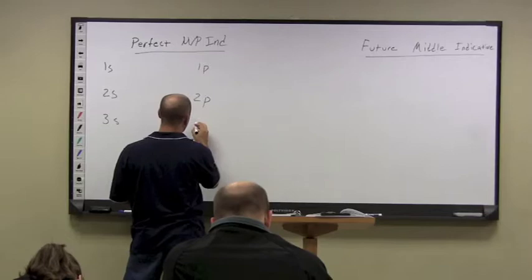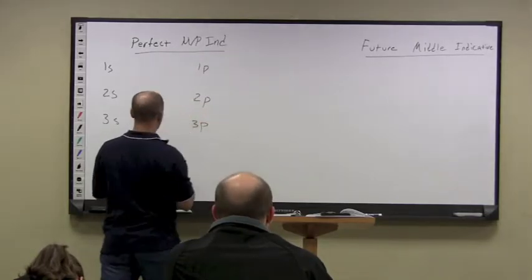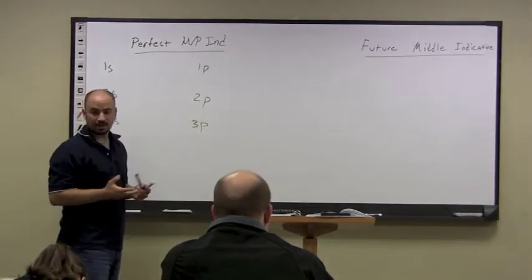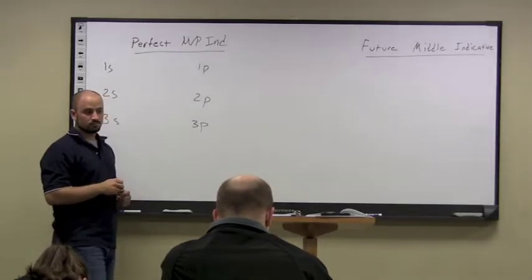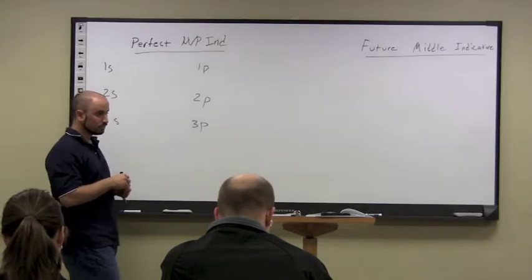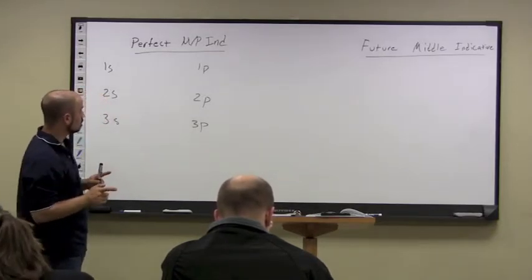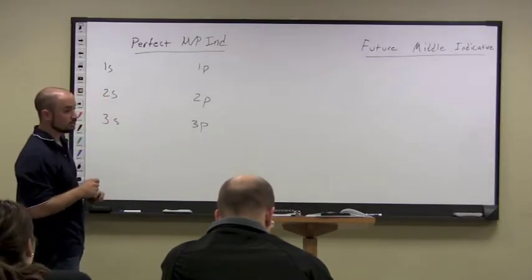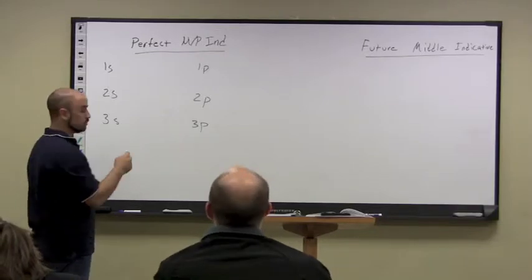How did we conjugate the perfect active? Build it for me. Kappa. Close. First thing though, there's an augment.